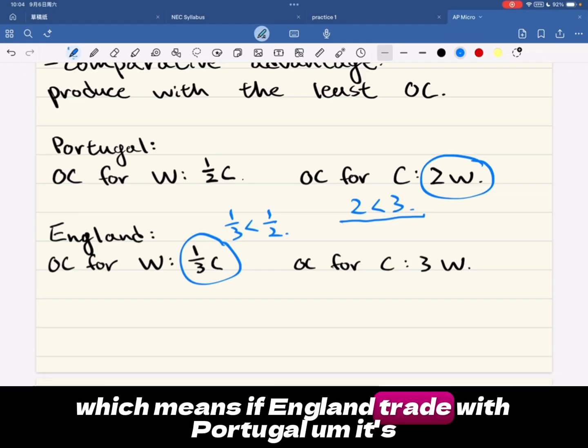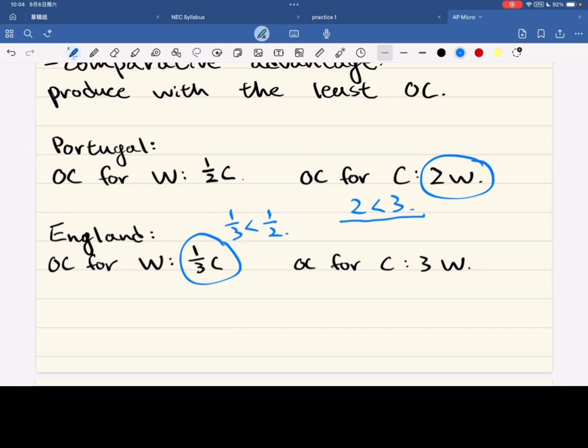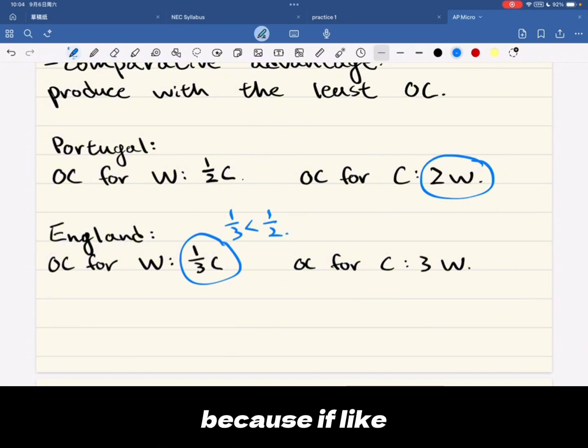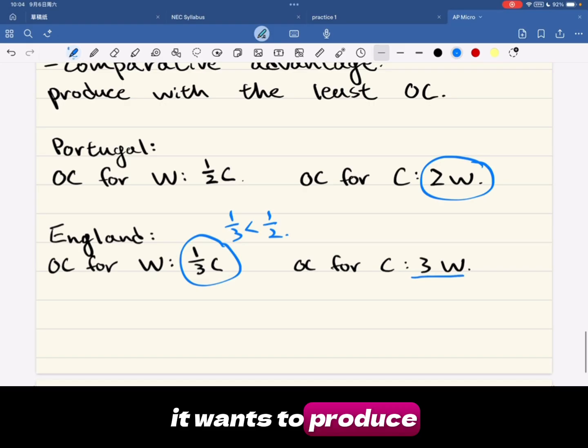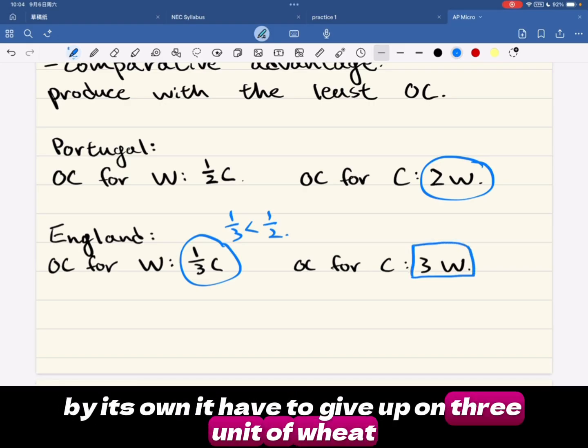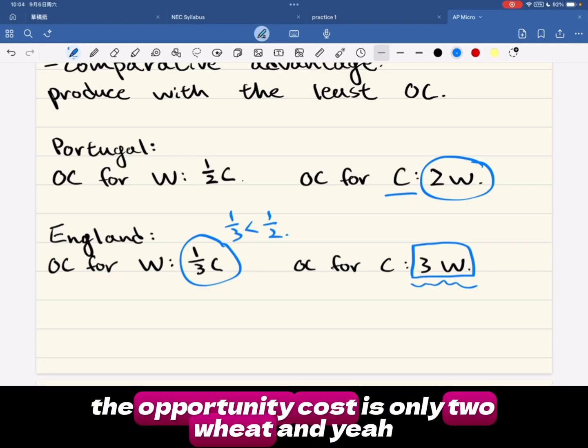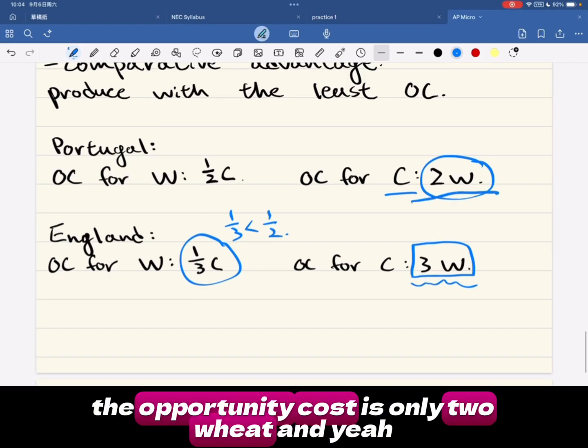Which means if England trades with Portugal, it can get 1 more unit of clothes at a lower opportunity cost. If it wants to produce by its own, it has to give up 3 units of wheat. But if it trades with Portugal, the opportunity cost is only 2 wheat.